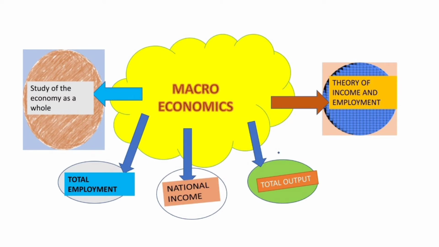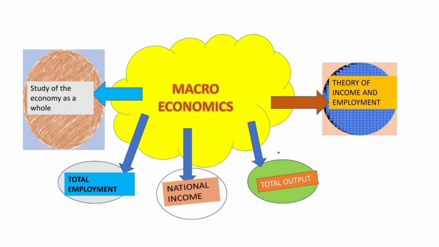Macroeconomics, otherwise we can say, is the concept of national income accounting. So, national income accounting means that part of economics which studies the economy as a whole. How is national income calculated? What is national income?